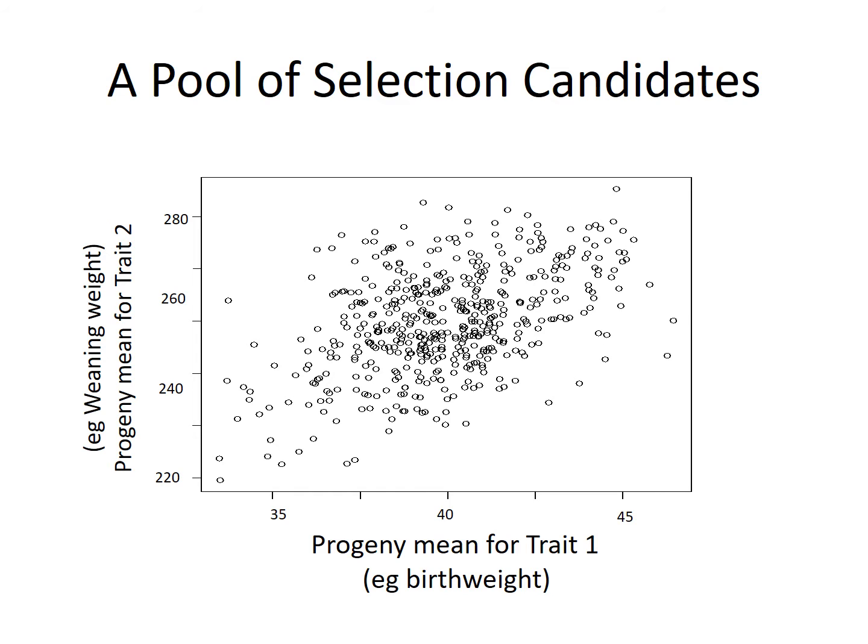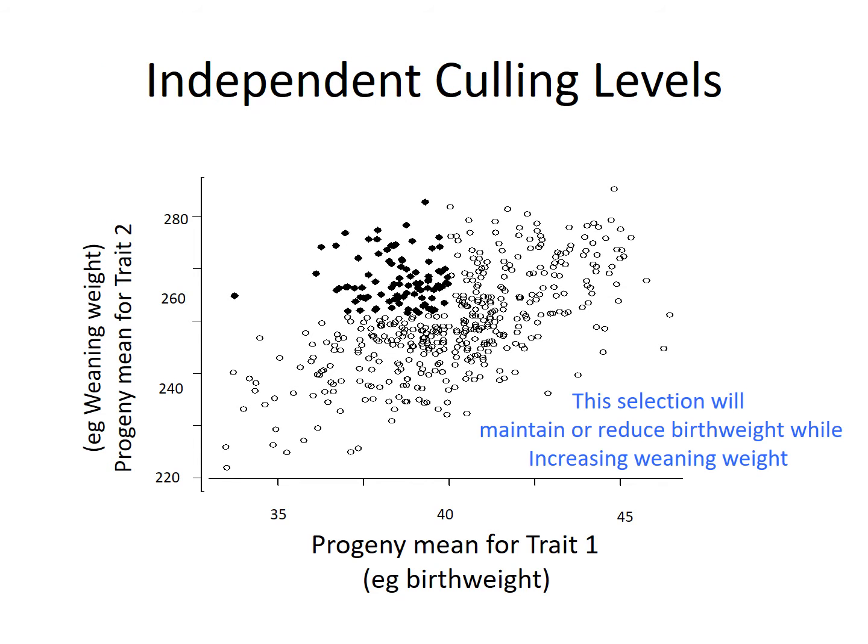Now this selection problem is relatively simple if I can make my selection based on progeny means where the sires have already been used. And the sort of decision that a farmer might make if they were faced with this problem would be to say, from experience, I don't like birth weights above 40 kilos, perhaps because of problems of calving difficulty, but I like my weaning weights to be as heavy as possible, perhaps over 250 kilos.